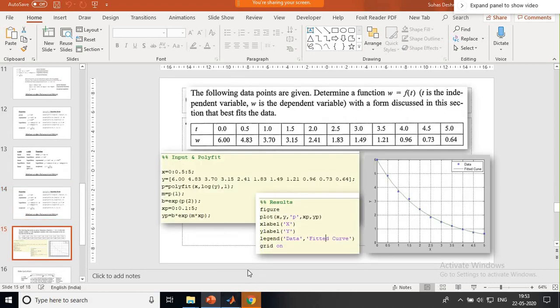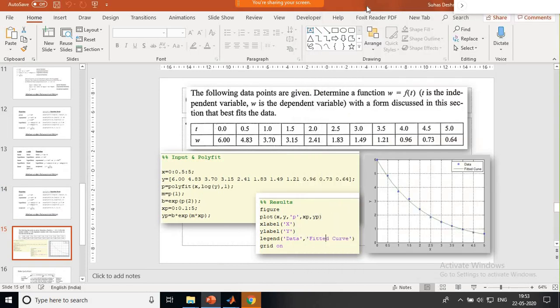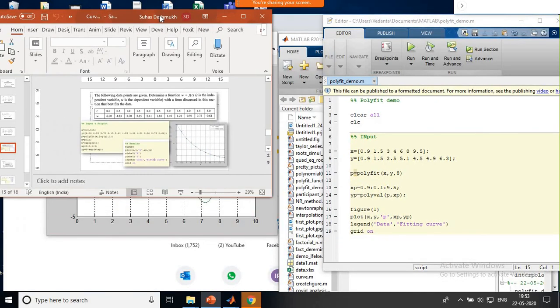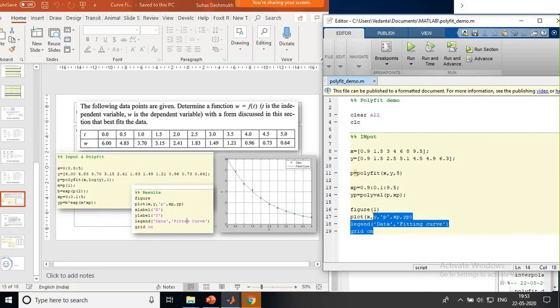So we'll now fit this simple curve. I need to provide all this data: x from 0 to 5 with a step size of 0.5. Now I need to enter the rest of the data for y.